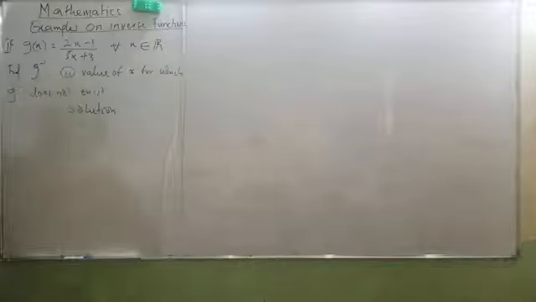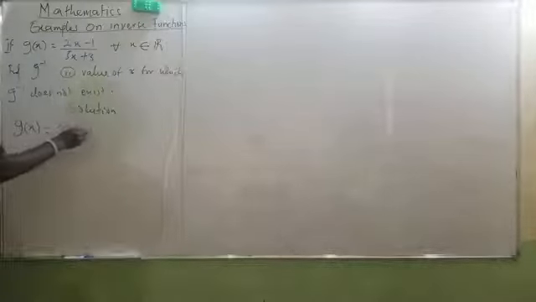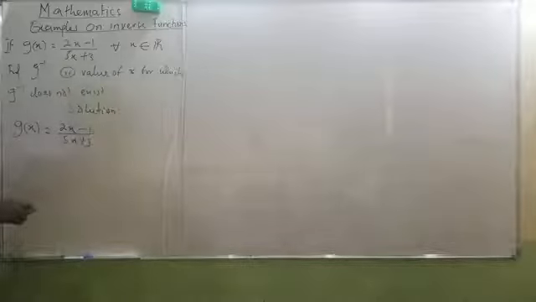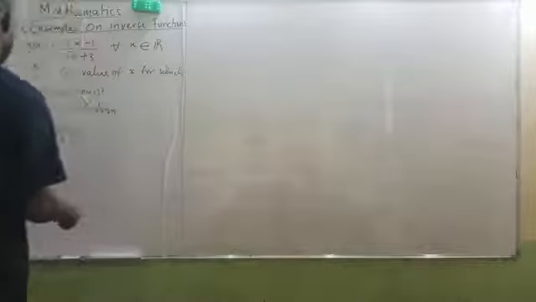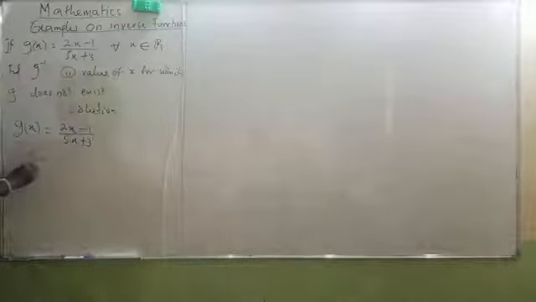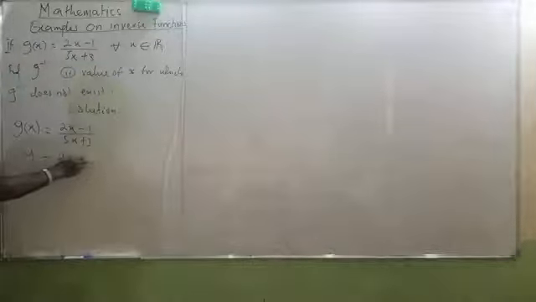The first thing I will do is start with g of x equals 2x minus 1 divided by 5x plus 3.